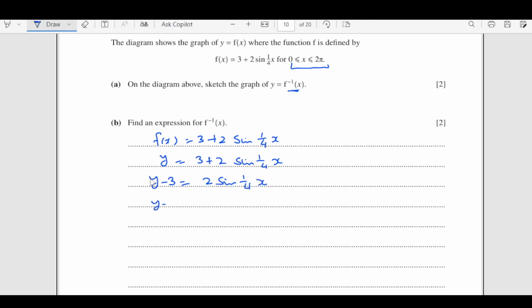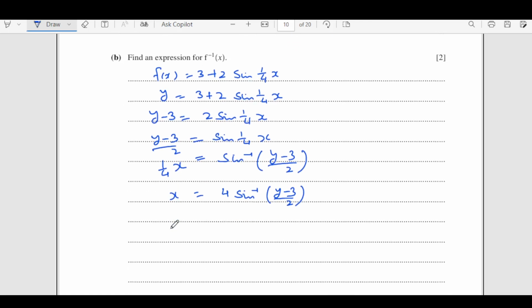So then this is y minus 3 over 2 is sine 1 over 4x, right? So then we will have 1 over 4x, shifting sine on other side will become sine inverse. So y minus 3 over 2, and then x is going to be, we are making x the subject actually. So this is going to be sine inverse y minus 3 over 2, right?